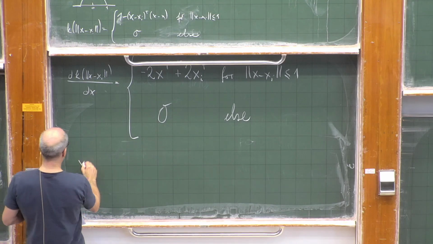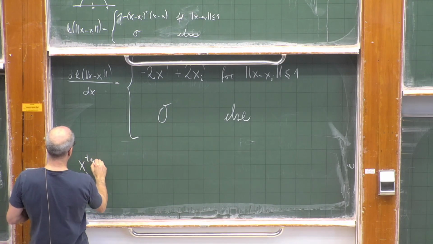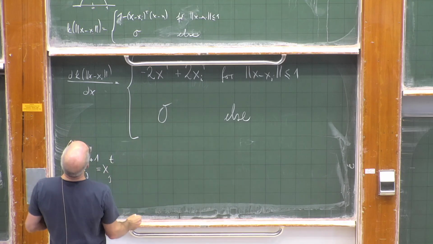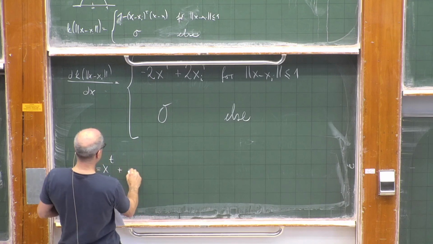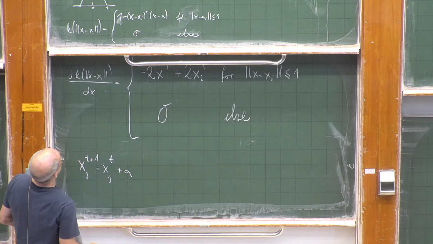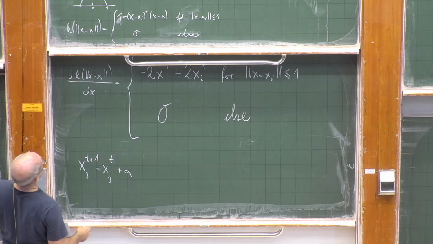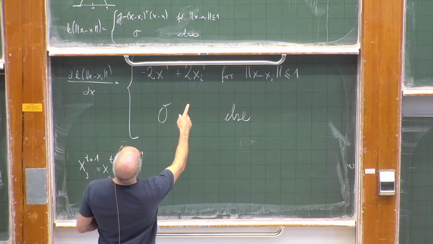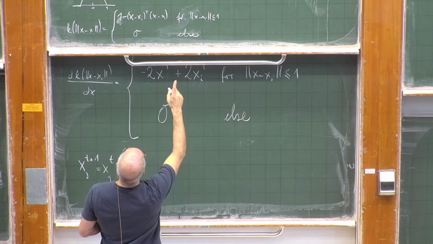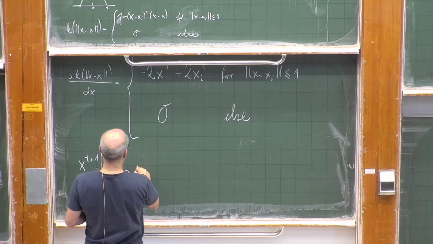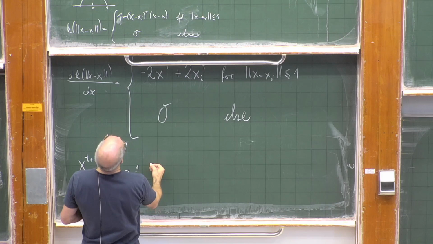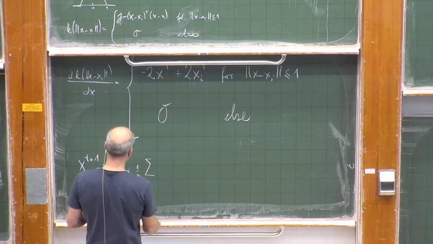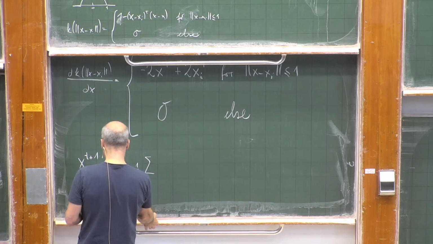So my xj t plus 1 is going to be xjt plus alpha. And now we do this for this case of the Epanechnikov kernel. So it will be one over n, and then we sum only over those points that are close enough.